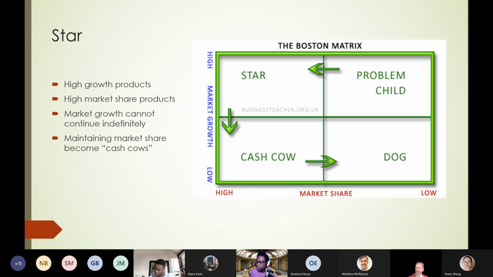That has an end limit, clearly. And as you move on, it becomes something called a cash cow. So the stuff is there and it just keeps on bringing in money. As we're talking about Microsoft, Microsoft Office is an example of that.